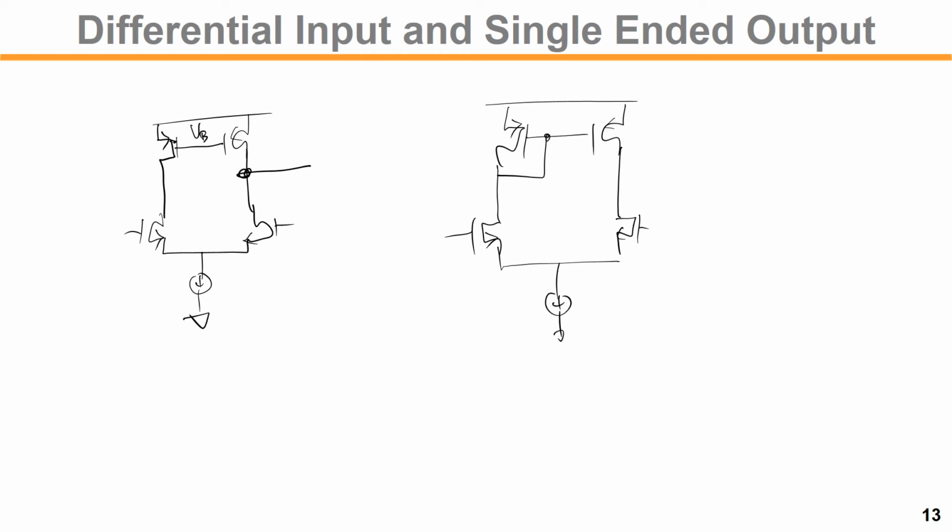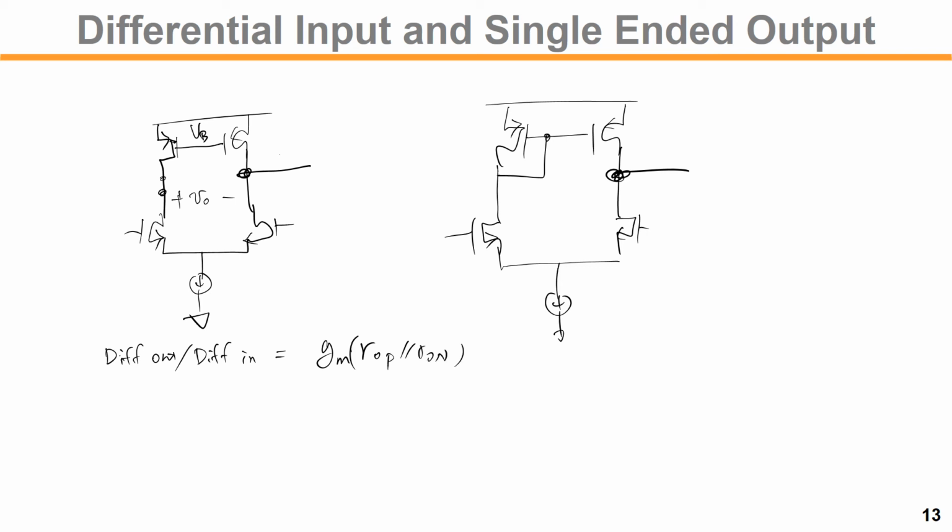If you look at this kind of circuit, the differential Vout, then the gain would be gm times ro,p parallel ro,n, the differential gain. So differential input versus differential output would be gm times ro,p and ro,n.